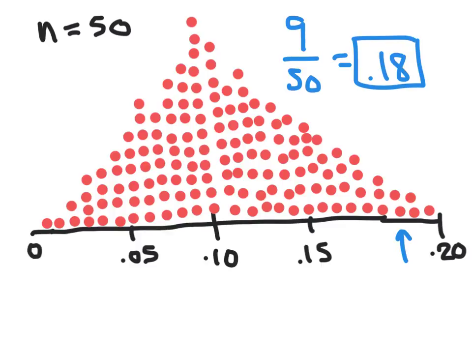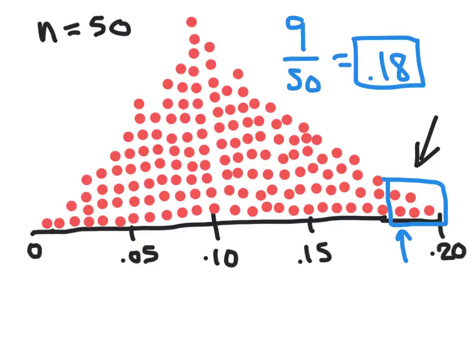Okay, now let's take a look at this. Well, you could say we just got unlucky. We just happened to get a simple random sample where a lot of students were drinking Dutch Bros. But let's take a look at the evidence here. If that was true, we would only have 5 of the samples at 18% or higher.